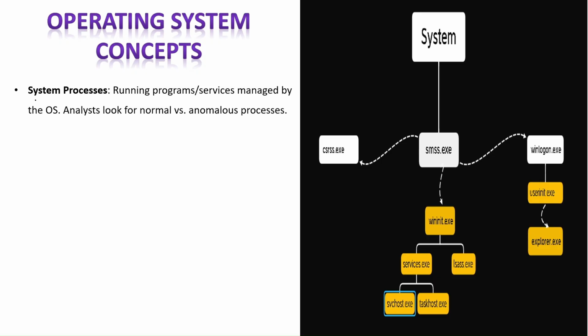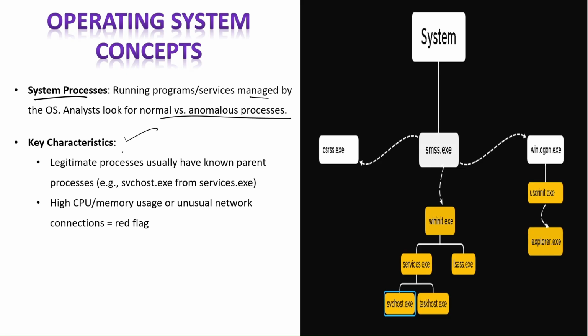Now coming over to system processes. System processes are running programs and services managed by the operating system, and analysts should look for normal versus anomalous processes. If you know what the normal programs and services are for a given operating system, you can then detect anomalous processes that would not be present in a normal operating system.